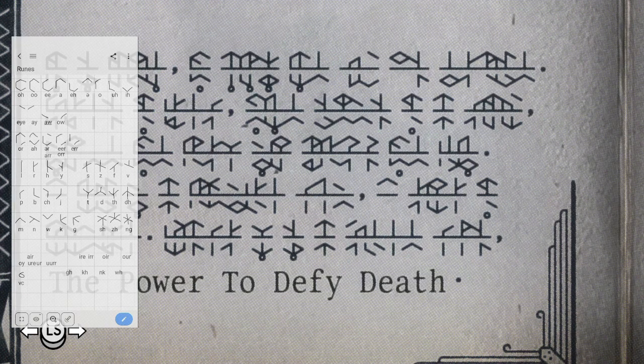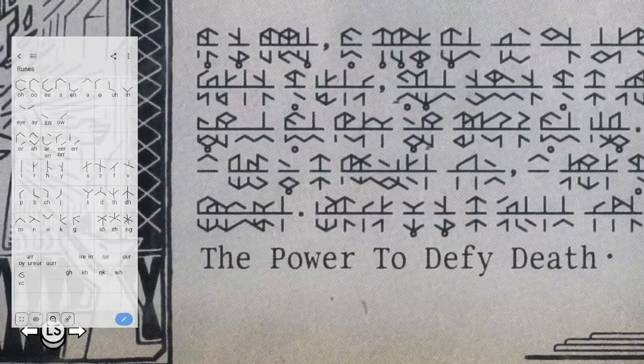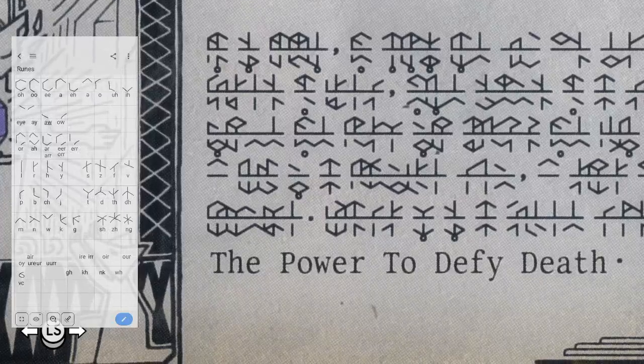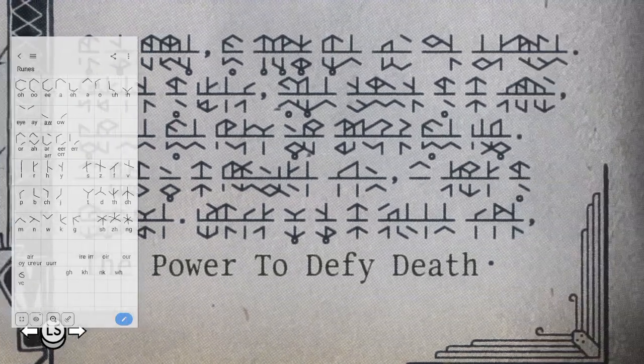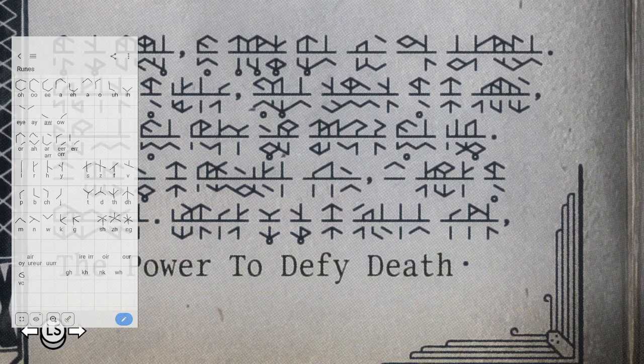Store of potential. Perhaps is the fabled prize of the power to defy death. It definitely is, because we've defied death.